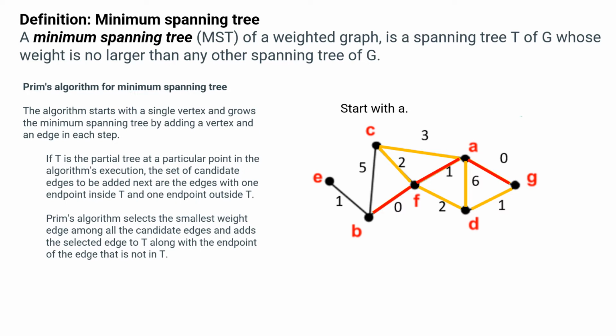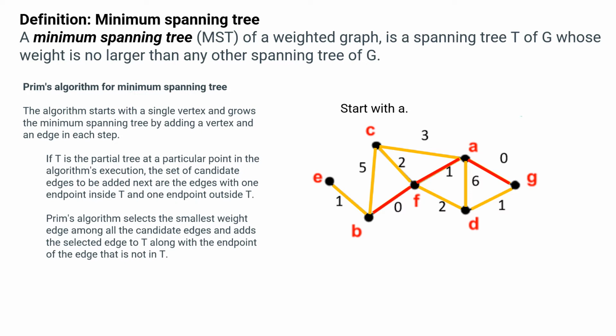Anything from B on out I could use to grow the tree. So I'll make these next two edges, EB and CB, orange now because those are possibilities too.